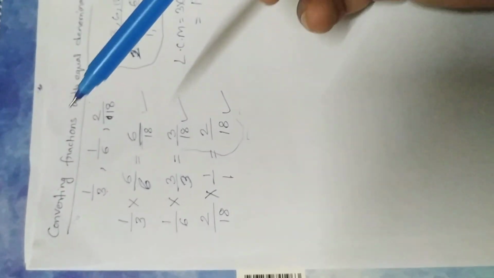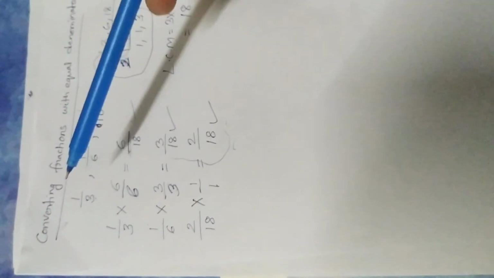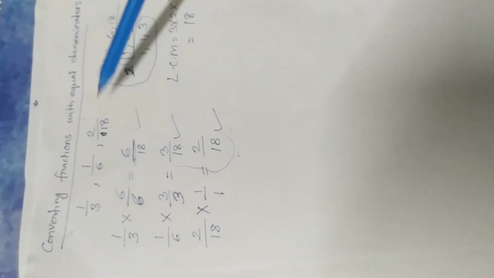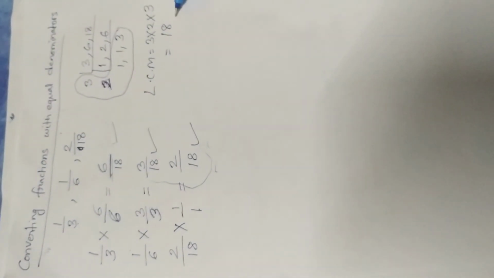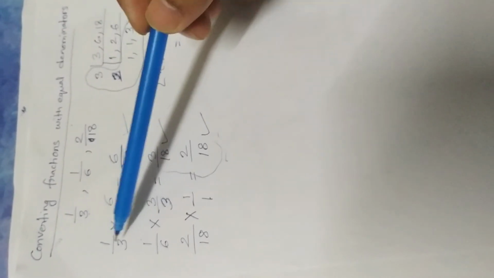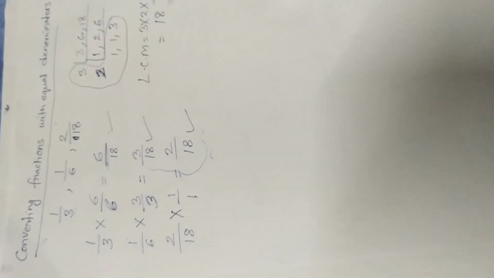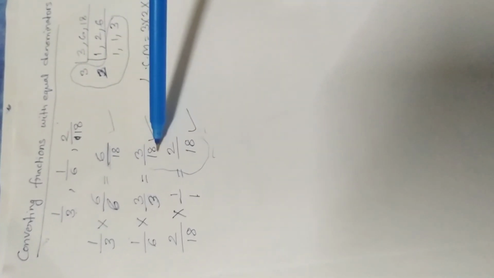So how did we do it? First of all, we find the LCM of the denominators. Then we write the three fractions and first write the LCM over here. Then we find the multiple for each of the denominators.